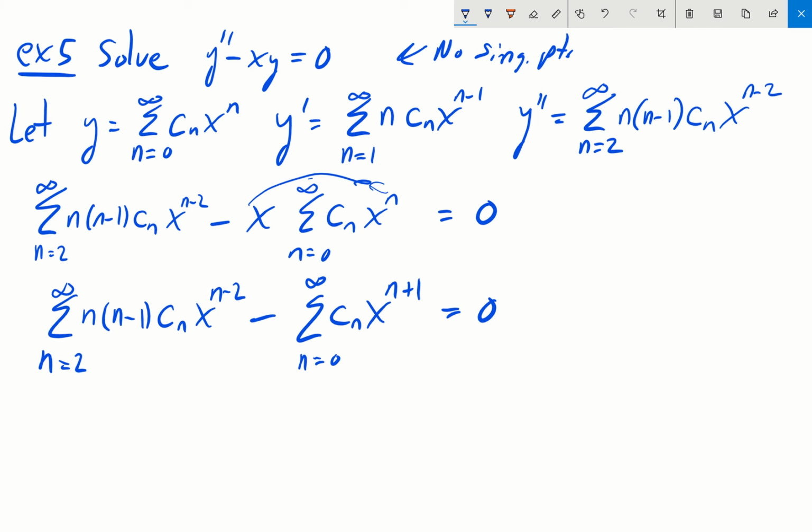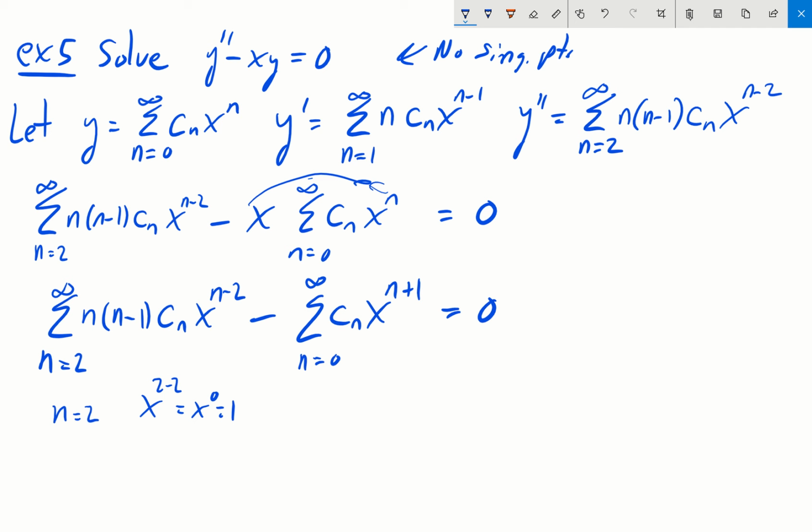Okay. The very next step is we want to combine these two series into one series. Let's investigate for which power of x does each one start. Well, notice that when n equals 2, this is going to start at x to the 2 minus 2, which is x to the 0, or a constant term.